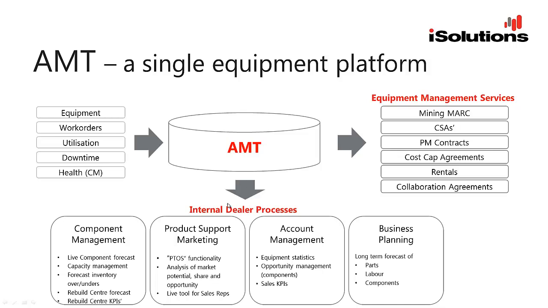So AMT is driving a lot of these internal processes as well. And we see that this list will continue to grow as the level of intelligence or data within AMT grows. For example, with the equipment registered in AMT, AMT can forecast by customer what equipment is due to be replaced each quarter. That would be useful information for your equipment sales reps.